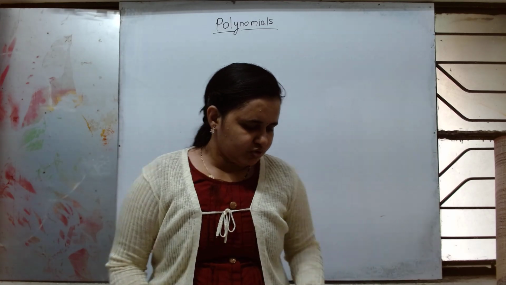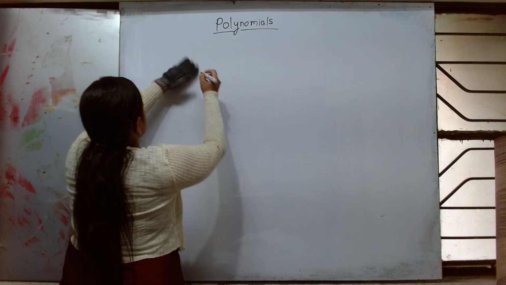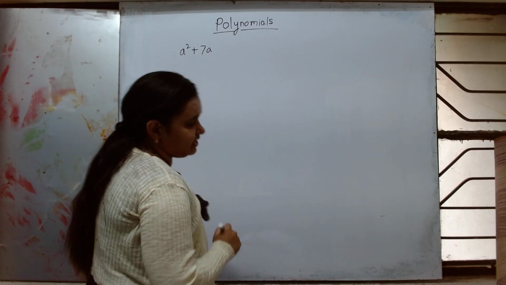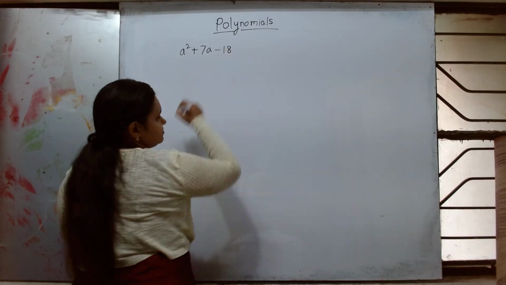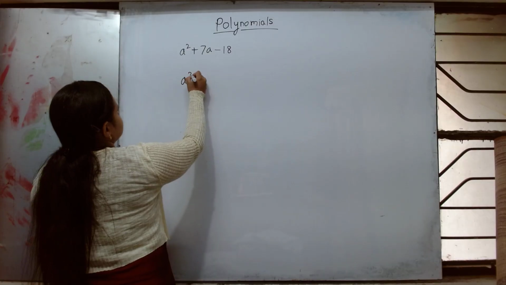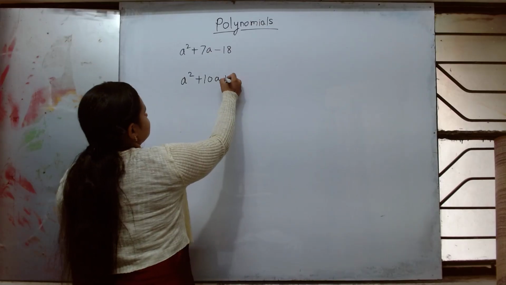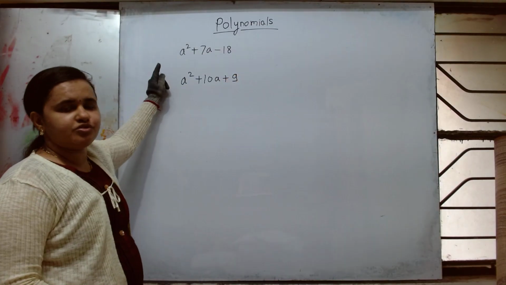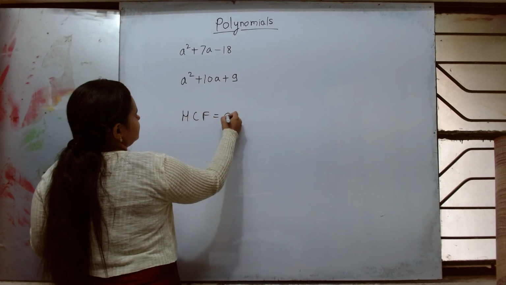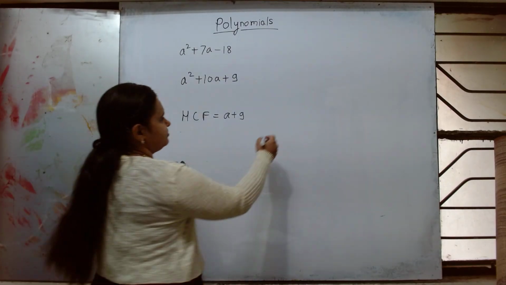So the two expressions are a square plus 7a minus 18 and a square plus 10a plus 9, and their HCF is given as a plus 9, and you have to find the LCM.